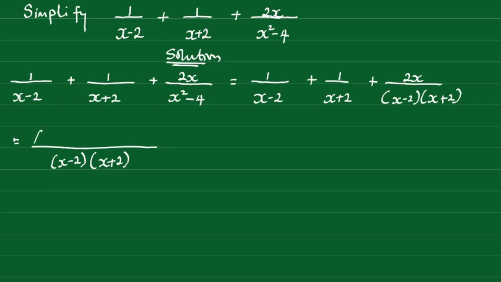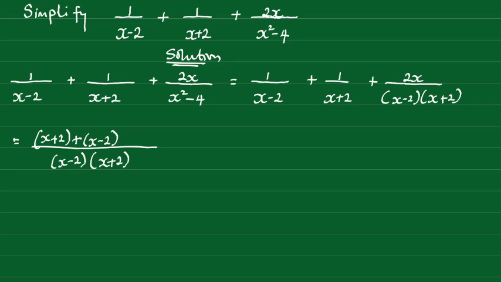So we end up having (x plus 2) plus (x minus 2)(x plus 2) divided by x plus 2. We'll be left with (x minus 2). Now multiply this by 1, we'll have (x minus 2).